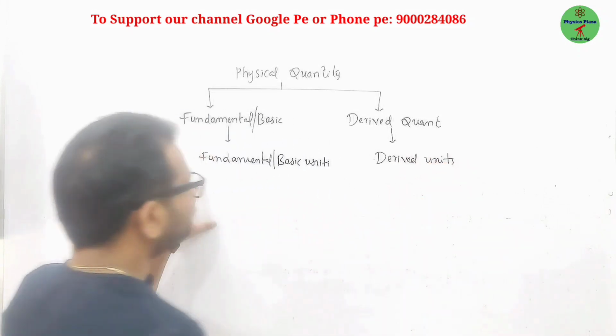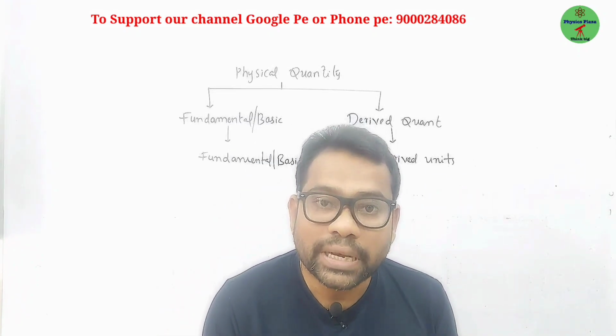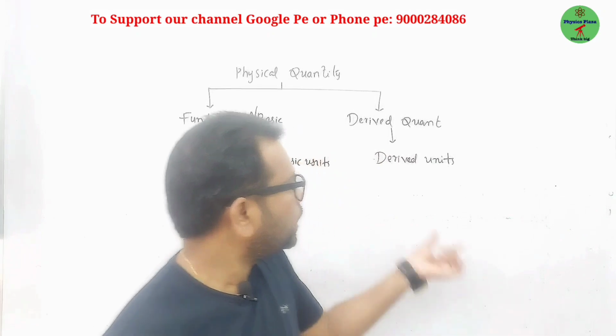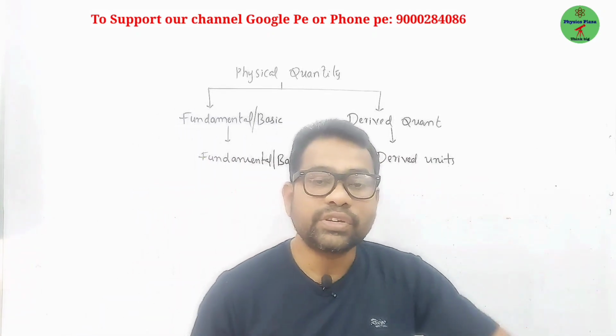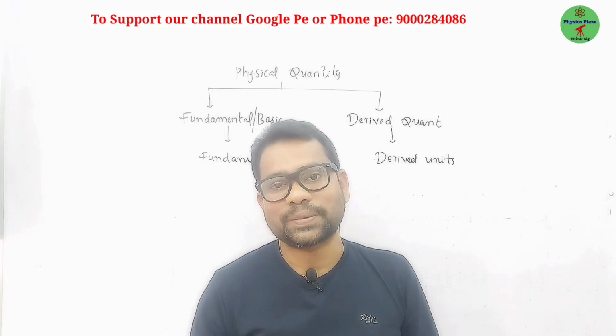Now what are fundamental units and basic units, dear children? The units which cannot be derived from any other units are called fundamental or basic units. What about derived units? The units which can be derived from fundamental units or basic units or derived units.